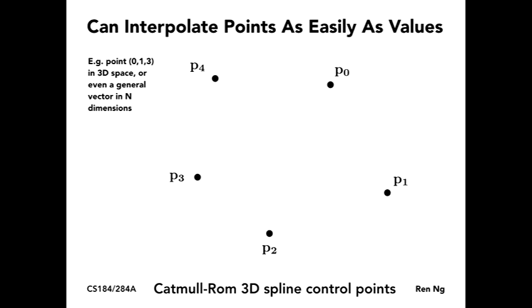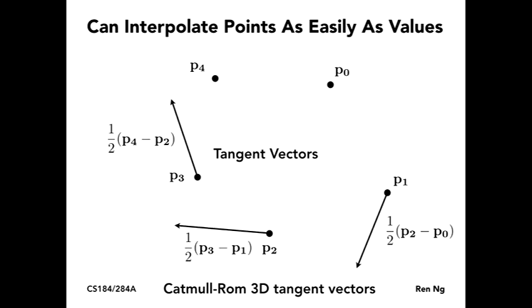You can interpolate those too. And the Catmull-Rom is saying that the tangent vector that we will define for any particular point is given as the vector between the previous point and the next point. Okay, so let's look at P1 over there.